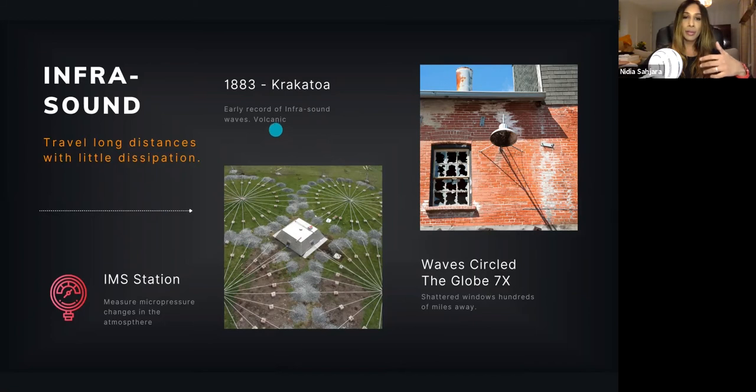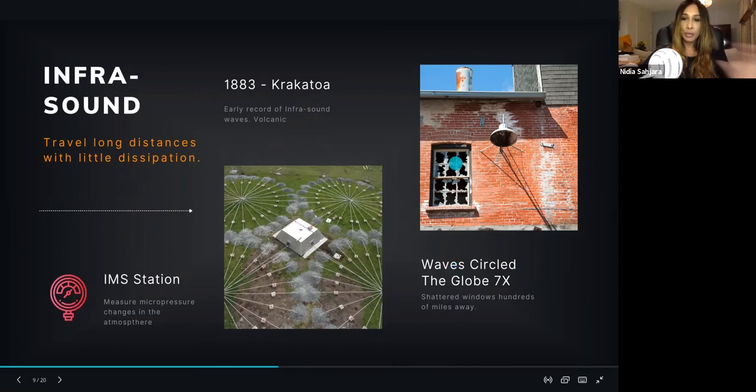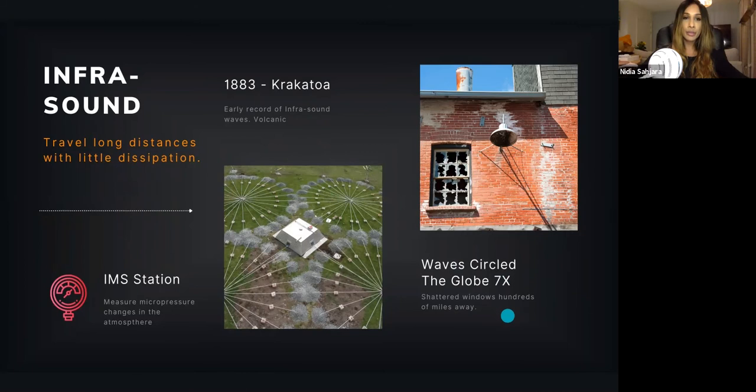And when I say very little dissipation, it traveled the globe 7 times and broke windows hundreds of miles away. So infrasound has benefits when it comes to trying to seek out anomalies in possible nuclear weapon explosions.